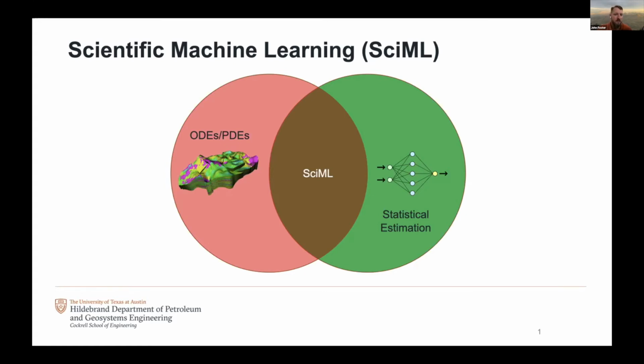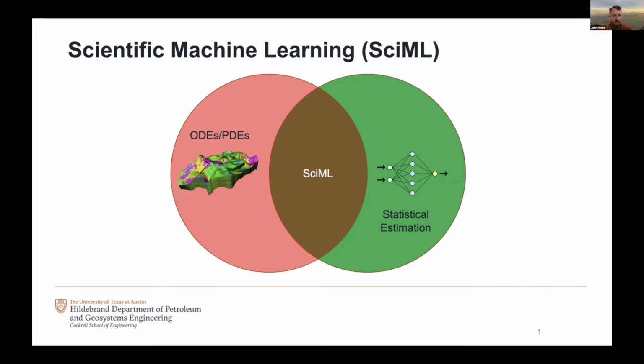When I say scientific machine learning, what I'm talking about is processes, workflows, things we do in engineering sciences that sit at the intersection of traditional computational engineering, which involves the solutions of ODEs and PDEs, and the biggest example of that, of course, in our world of petroleum engineering is in reservoir simulators.